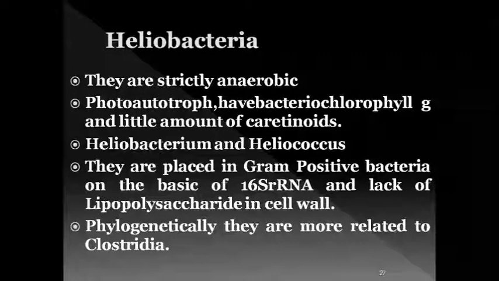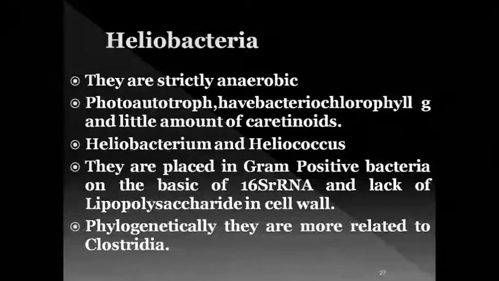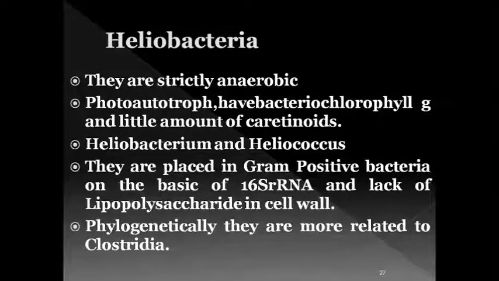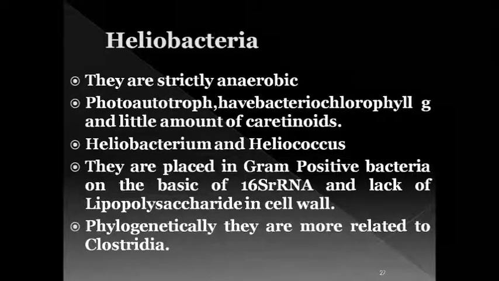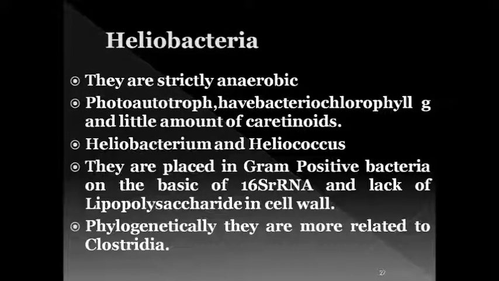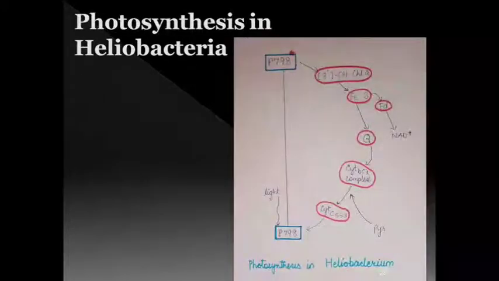Heliobacteria. They have a special type of chlorophyll, bacteriochlorophyll g. Very good examples of these bacteria are Heliobacterium and Heliobacillus. They are closely related to Clostridia. They are endospore formers and there is no lipopolysaccharide in their cell wall. This way they have photosynthesis in their cells.